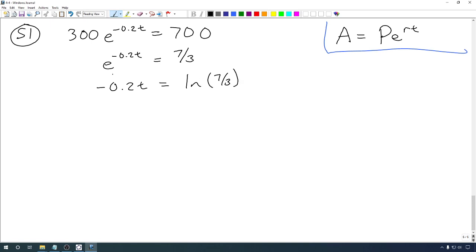Remember, we can essentially pull the e to the other side and turn it into a logarithm. It's the same thing as if we had a square over here and we take the square root over to the other side. Then we can just go ahead and divide by negative 0.02, or sorry, negative 0.2.